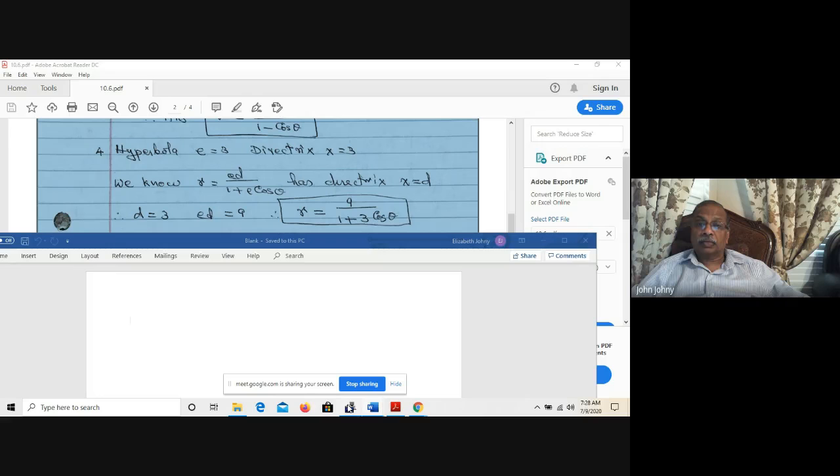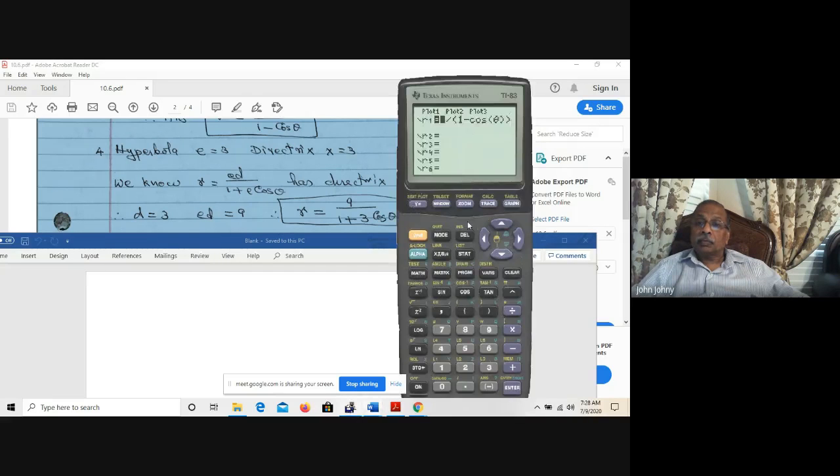Let us graph it and see. 9 divided by 1 plus 3 cos theta.